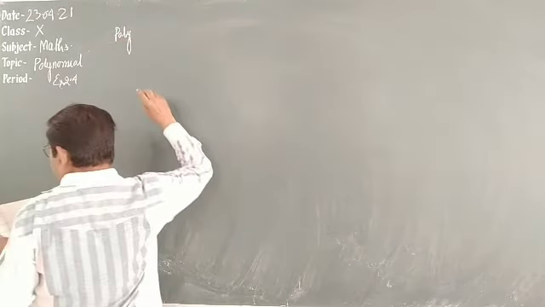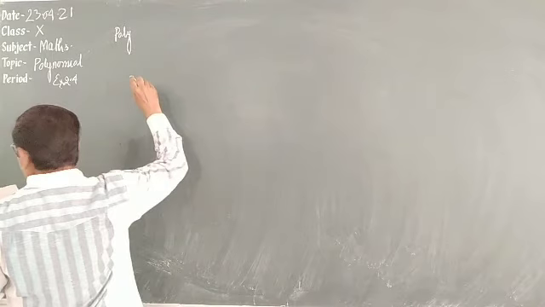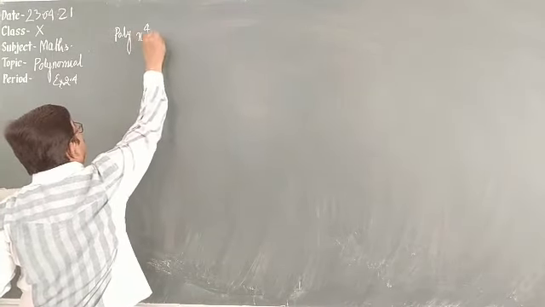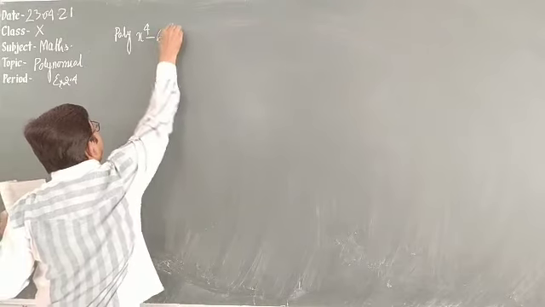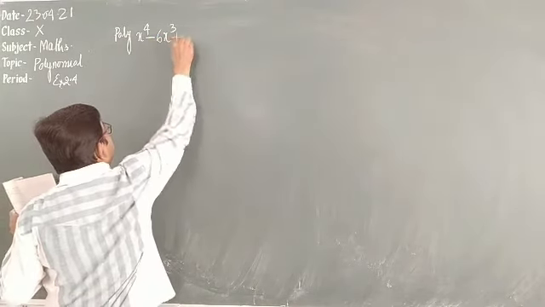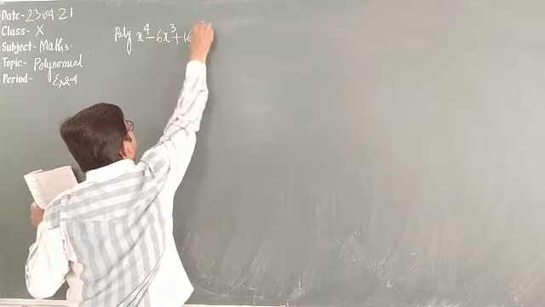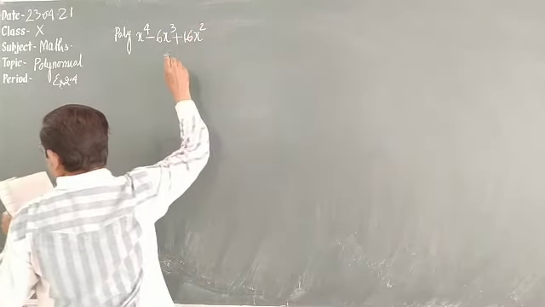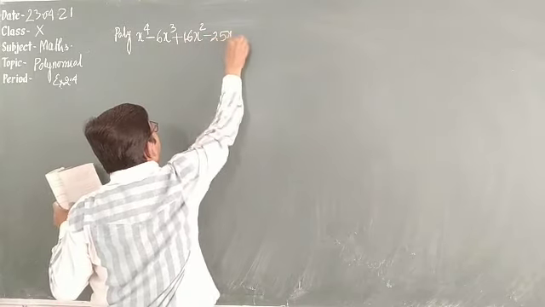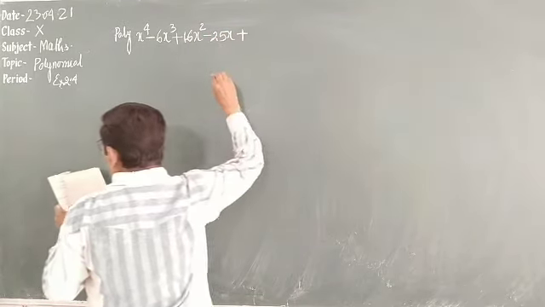See, polynomial is x to the power 4 minus 6x cube plus 16x square minus 25x plus 10.